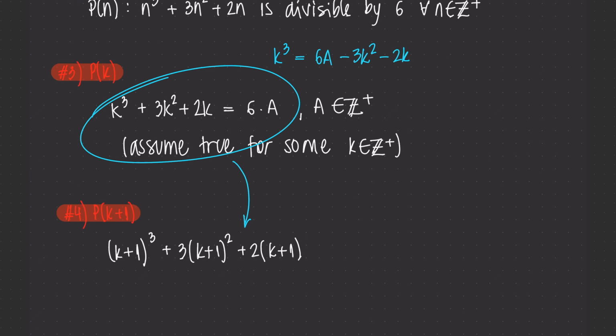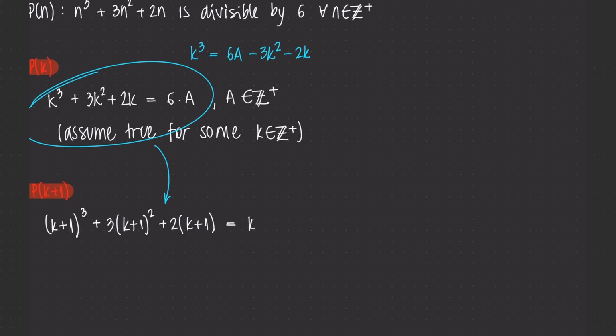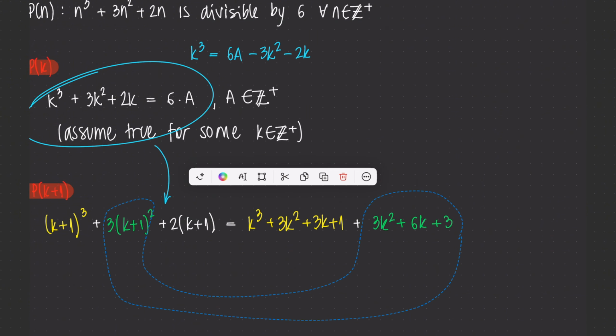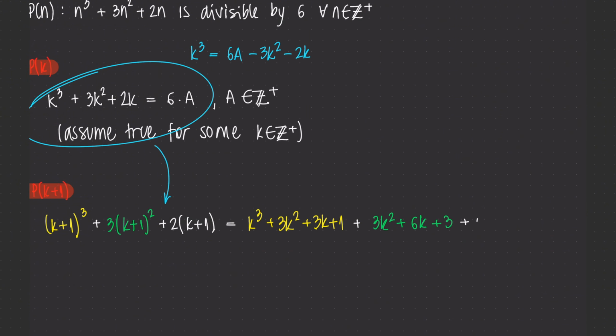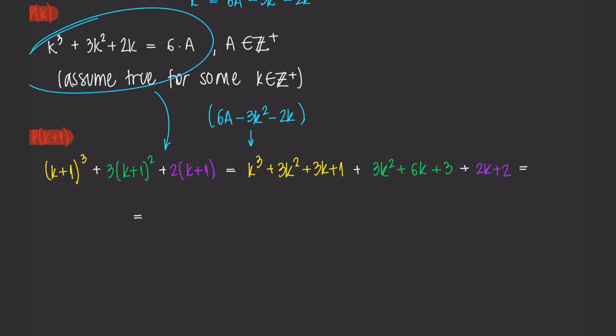But first, let's expand this thing. We have k cubed plus 3k squared plus 3k plus 1, which takes care of this term, plus 3k squared plus 6k plus 3, which takes care of this other term, plus 2k plus 2, which is going to make it possible for us to simplify a few terms, such as 3k squared and 9k.